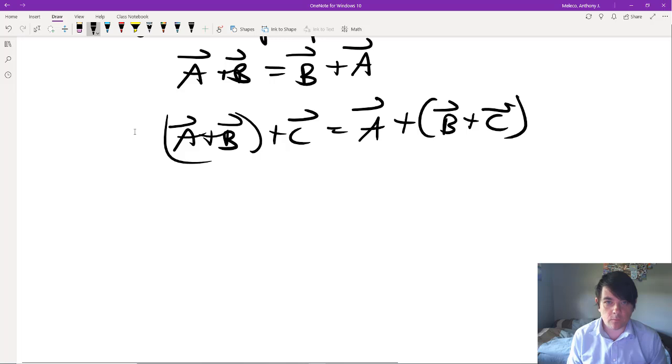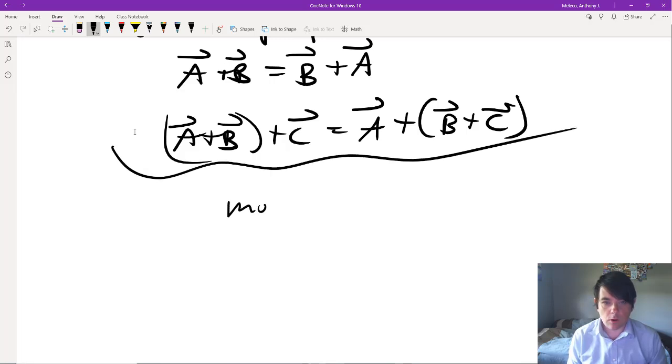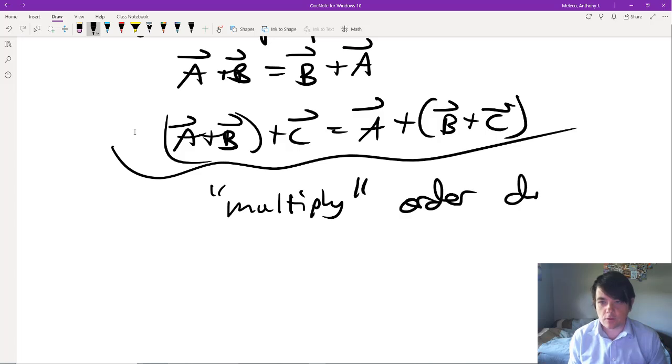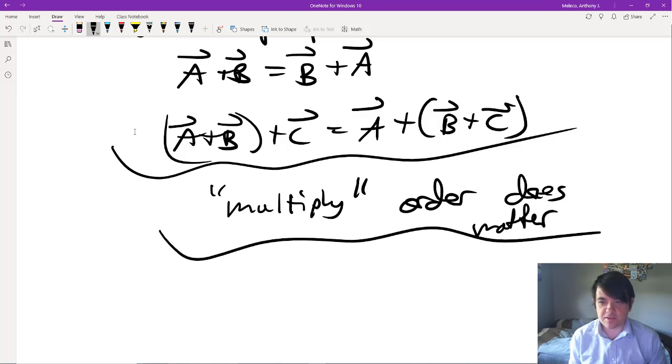I will say though, the order does matter for multiplying in certain circumstances. I'll talk about those as the semester goes on.